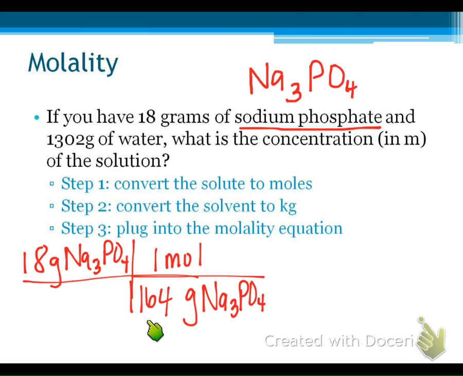Do we agree with this molar mass? Yeah? Okay, good. So now we're going to take 18 divided by that, and we'll get our number of moles. And I got about 0.109. Yeah? Okay. So that's going to be our moles of solute.